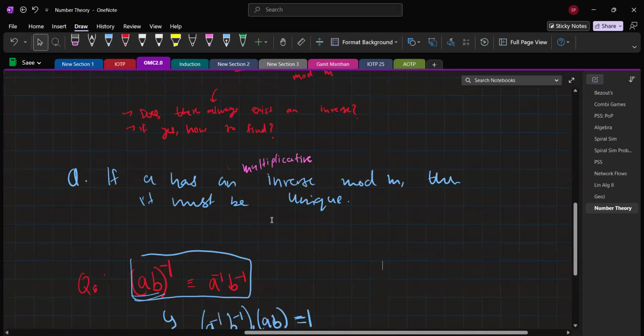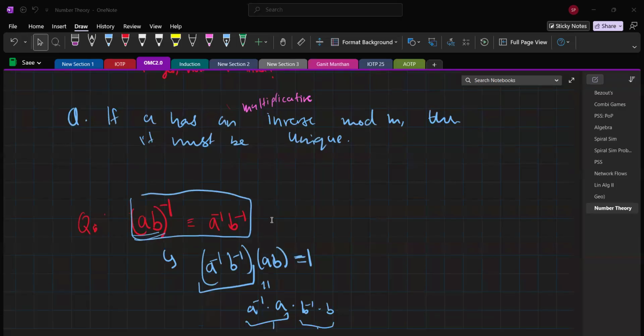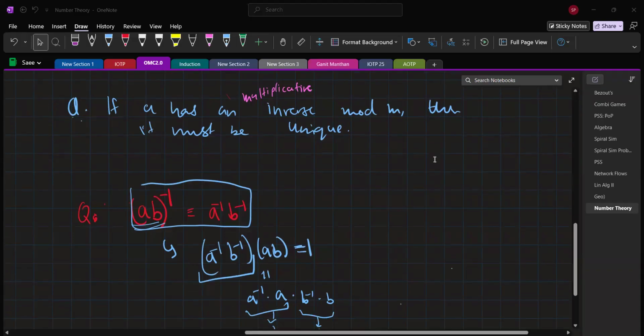Vidya, I found one observation. Yes, tell. If any number m is prime, then whatever inverses we get, its power will always be 1 or -1 mod m.